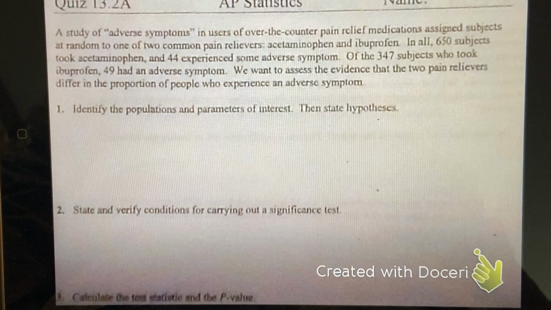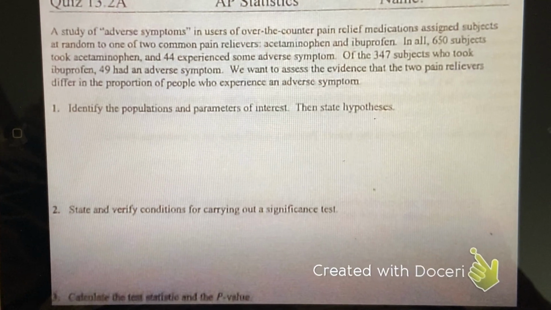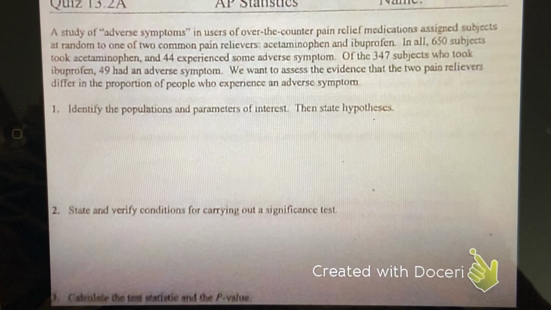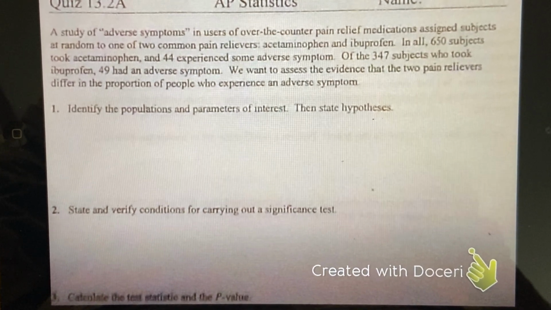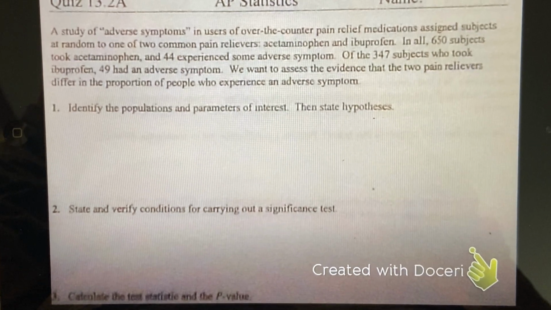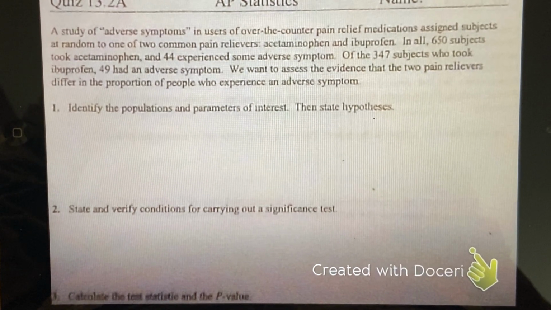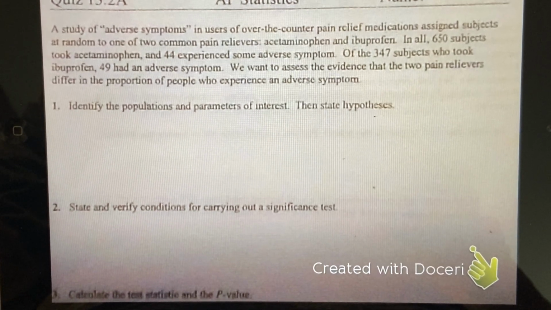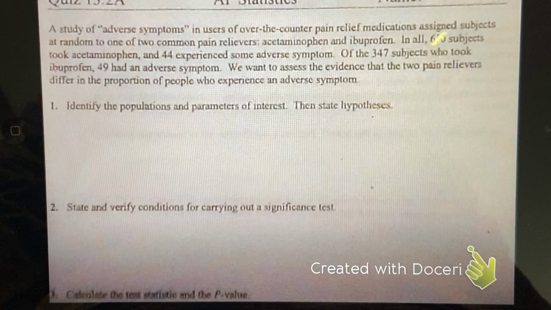So we've got some adverse symptoms when you take over-the-counter pain relief meds. And the two medicines that they're comparing are acetaminophen and ibuprofen. And what's happening is they're giving us two completely different samples. Two totally different samples. Key thing I'm looking at is it's telling me two different sample sizes.